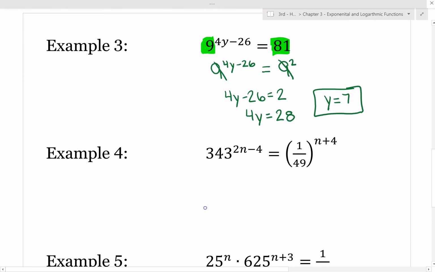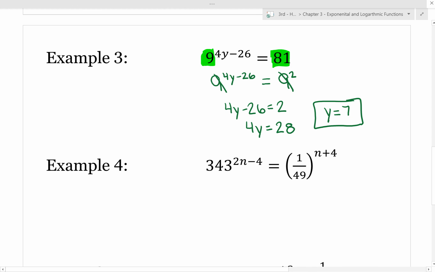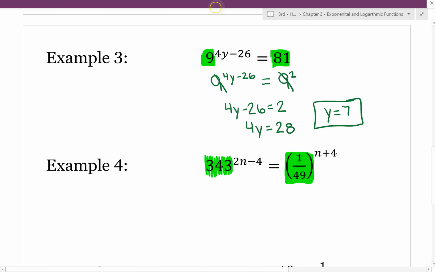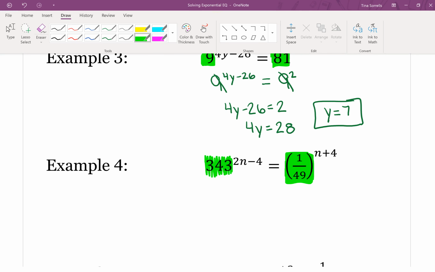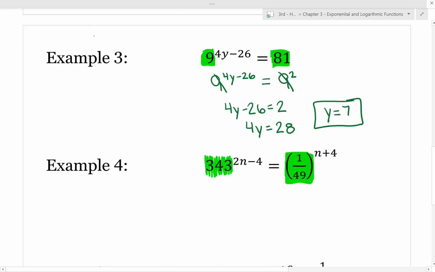Okay, here's example 4. So this one looks fun. Okay, so I'm going to highlight this space and then highlight this space, but I think I know. You can tell me what number to what power gives you a 49. 7 squared.